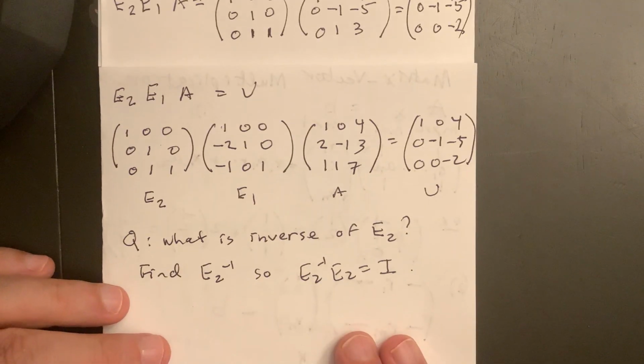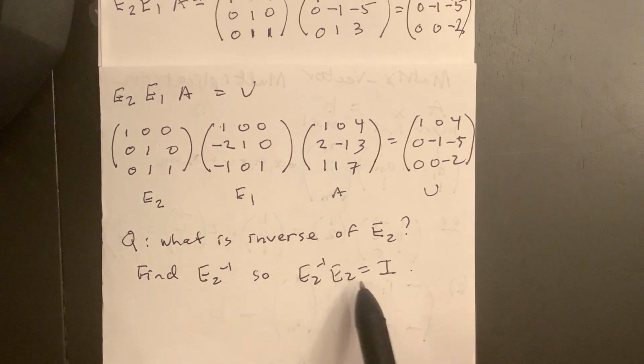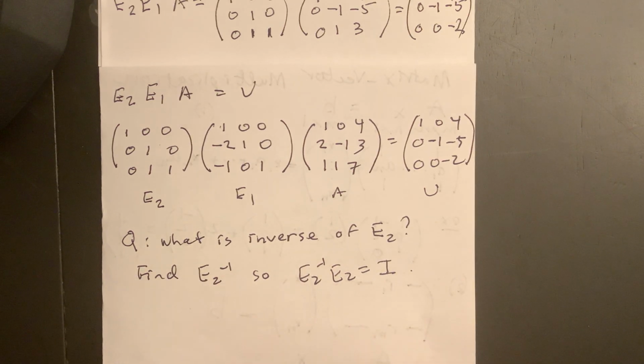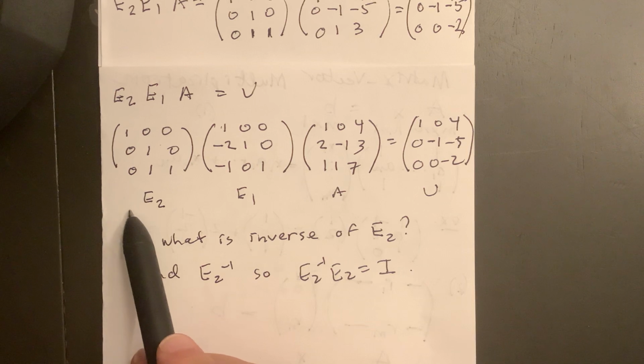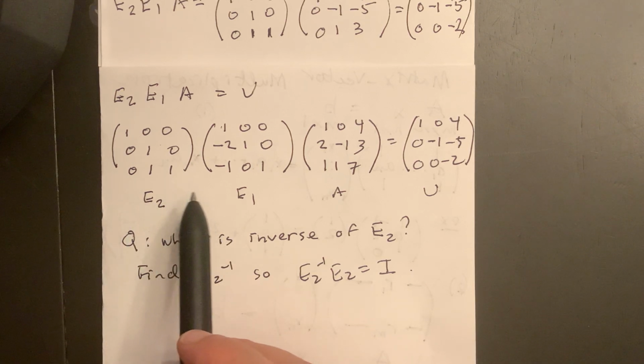Because I know I does nothing, right? When I multiply a matrix A by I, it does nothing. So if I multiply on the left by E2 inverse here, this will neutralize this.